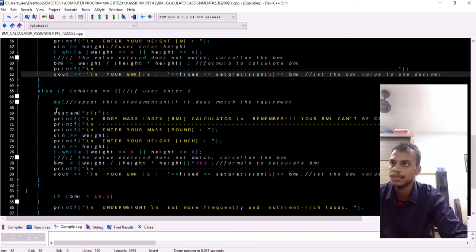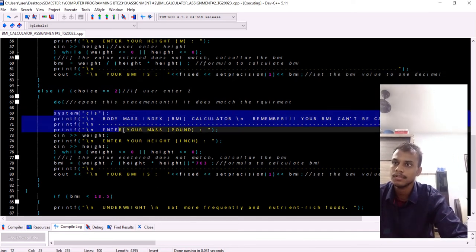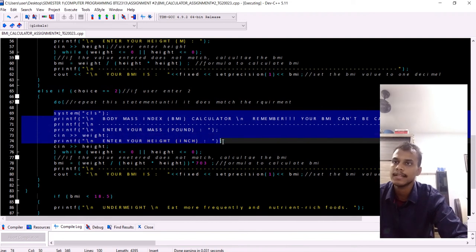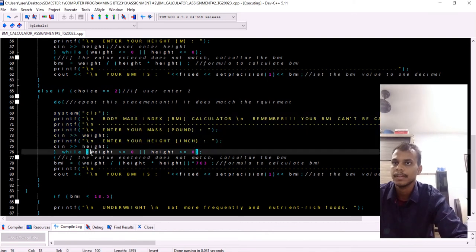Yes, we have the do while here as well, for the same reason: no negative value and no 0. Under this do, the prompts to enter your mass in pounds and your height in inches will keep repeating if the user enters a negative or 0 value.